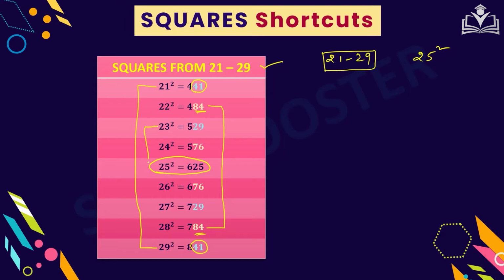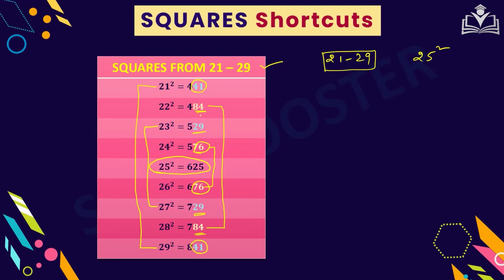Next, 23 and 27, this is one combination. 24 and 26 is one combination. Why? Because 23 square is equal to 529 and 27 square is equal to 729. Here 24 square is 576 and 26 square is 676.